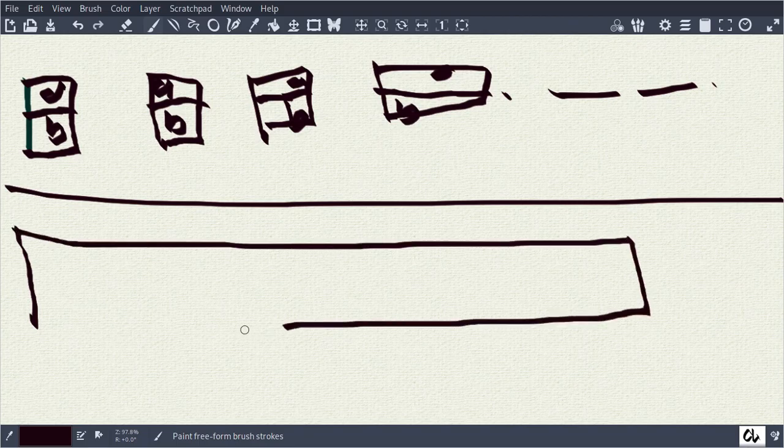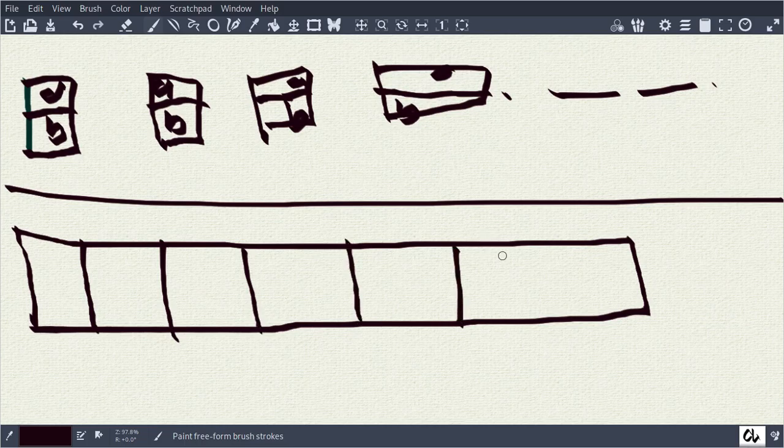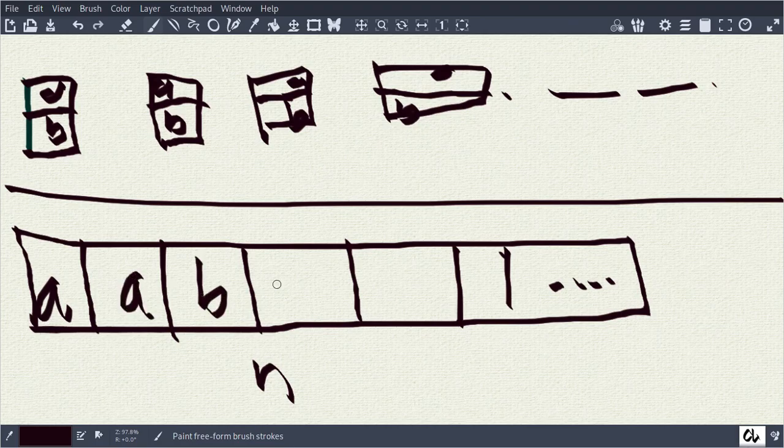We could say that this is some sort of array, where there are n boxes inside this array. So first it selected A, then A, then B, then B, then A again, and then B, things like that.